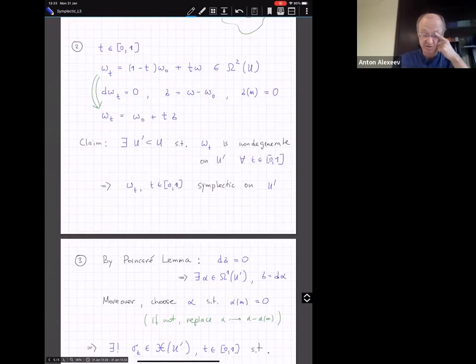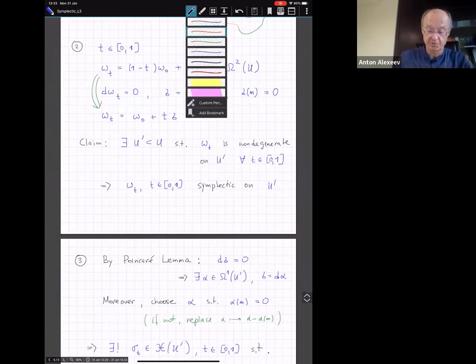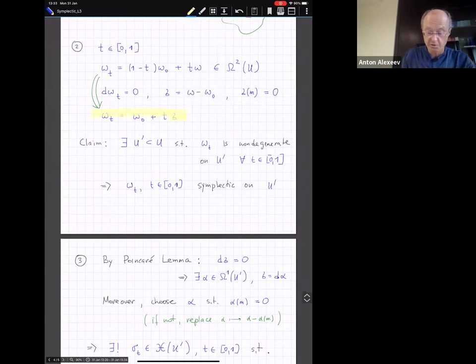Yes, I think it is clear because what happens? You have omega t. That's this family of two-forms. We know that they are all non-degenerate. So now the inverse will be smooth in t under this non-degeneracy condition. We assumed that on U prime, sigma is small in norm in comparison to omega naught.